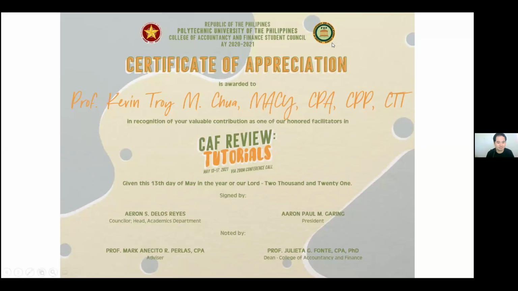Republic of the Philippines, Polytechnic University of the Philippines, College of Accountancy and Finance Student Council, AY 2020-2021.